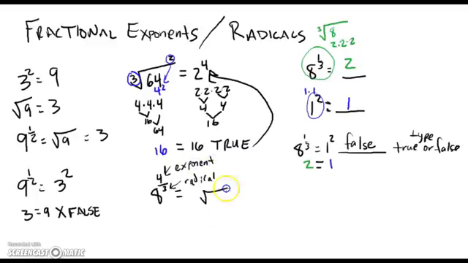So it would be something like the cubed root of 8 to the 4th power. The cubed root of 8 is 2 times 2 times 2, so 2 to the 4th power. 2 to the 4th power is 2 times 2 times 2 times 2, which is 16. So you might see something where it combines both of these ideas, a fractional exponent and a denominator.